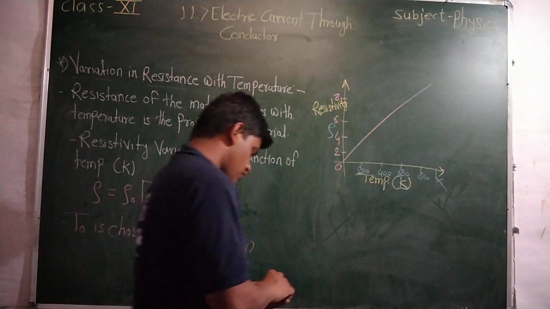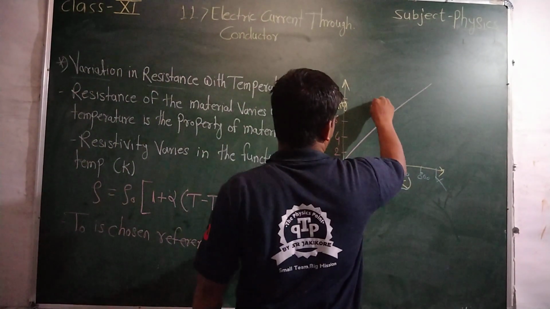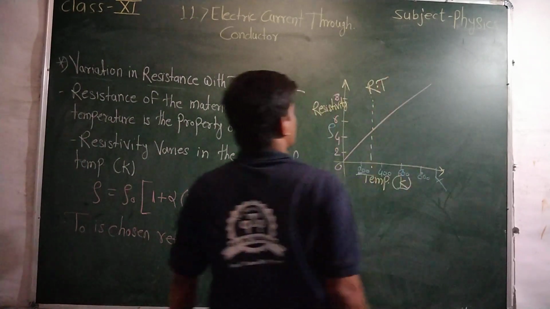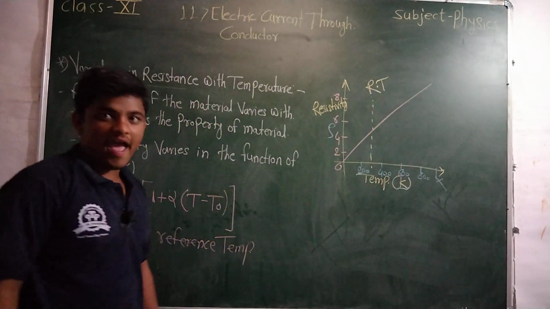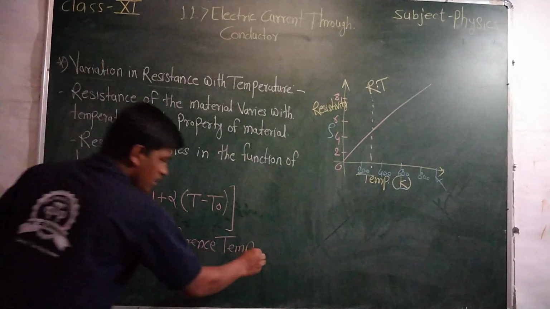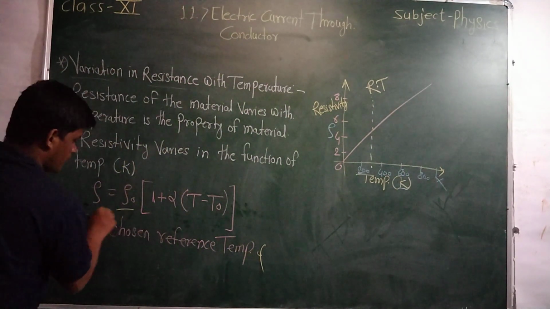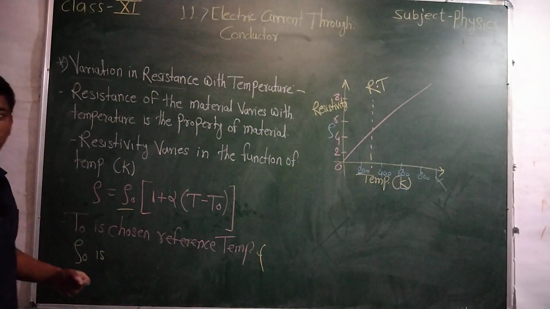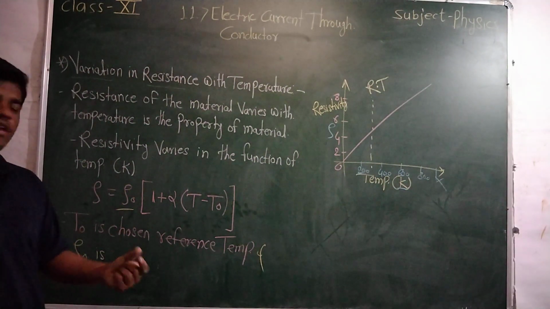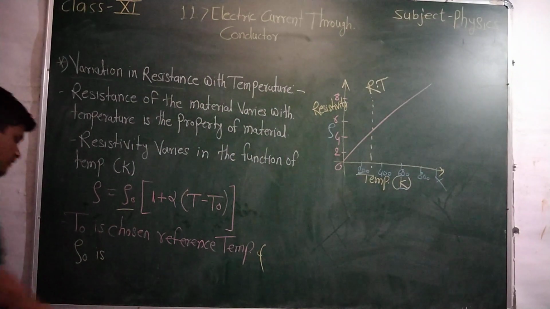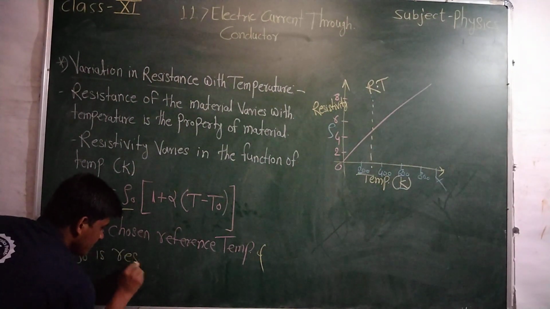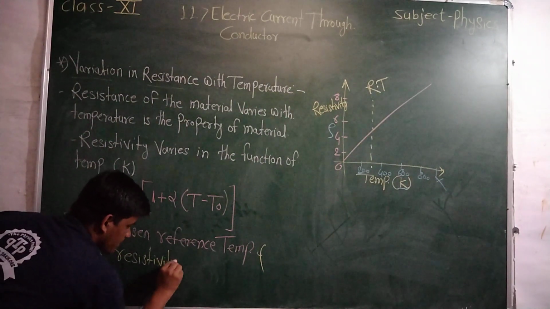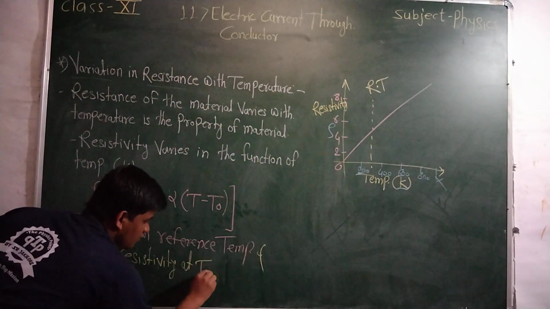I will choose one reference temperature here. This is RT, the reference temperature, and rho 0 is the resistivity at the reference temperature, that is, the resistivity at T0.